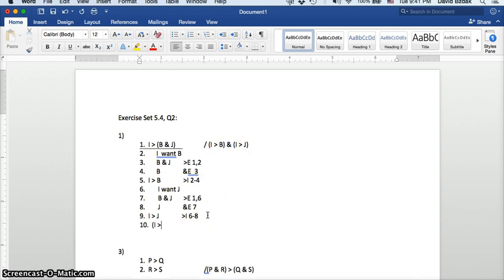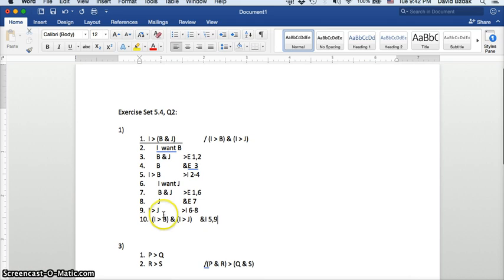I conditional B and I conditional J. That's conjunction introduction. We're introducing the conjunction. We got one conjunct from line 5 and the other from line 9, so 5, 9. And we're done. So that's one where you have to do multiple conditional introduction.